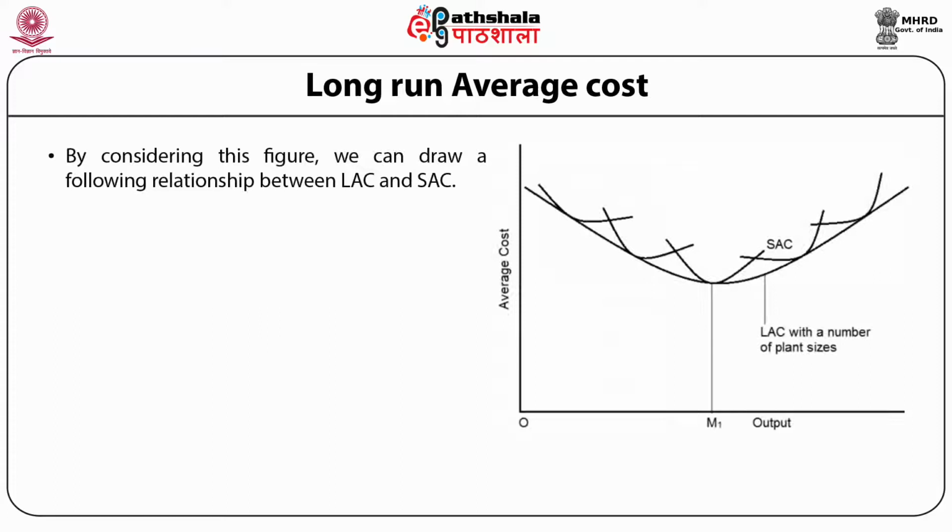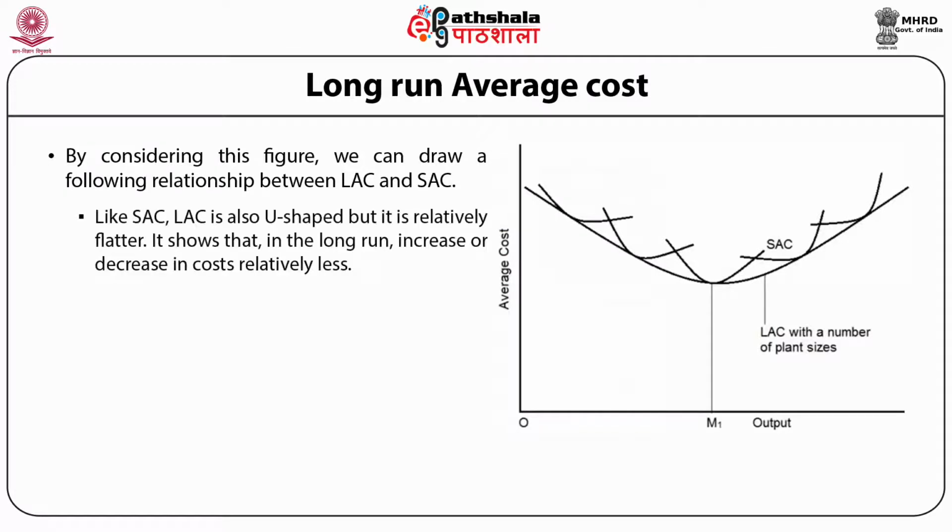By considering this figure, we can draw a relationship between LAC and SAC. Like SAC, LAC is also U-shaped, but it is relatively flatter. It shows that in the long run, increase or decrease in costs is relatively less.